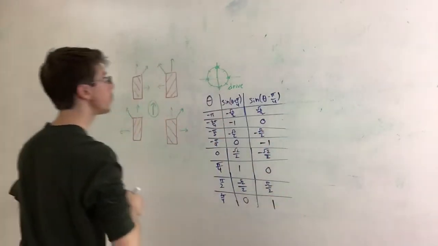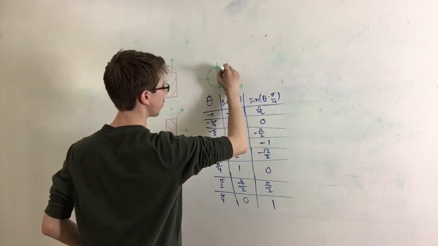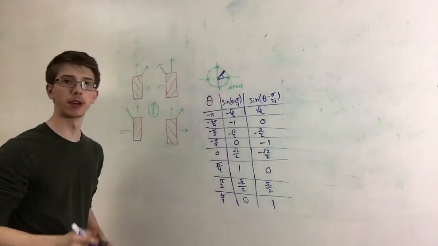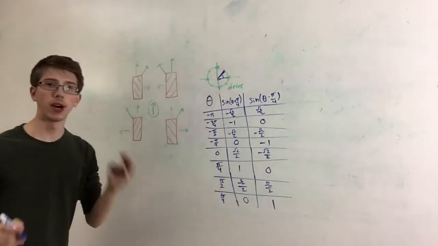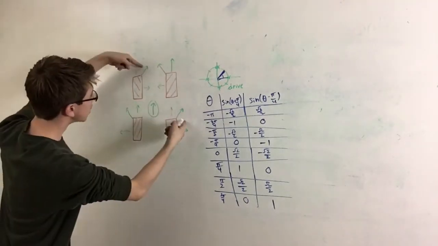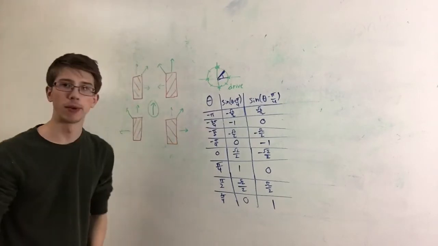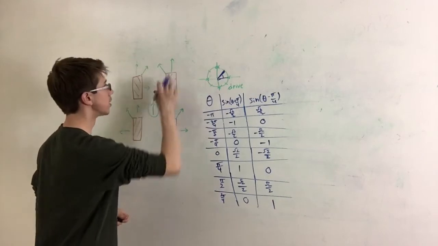Now, when we have the stick going at this angle right here, pi over 4, what is it that we want the wheels to do? Well, we only want the wheels to move in this direction. What vectors are going in this direction? It's these vectors going in that direction. And we only want it to go at 45 degrees, so we only want these to be moving.